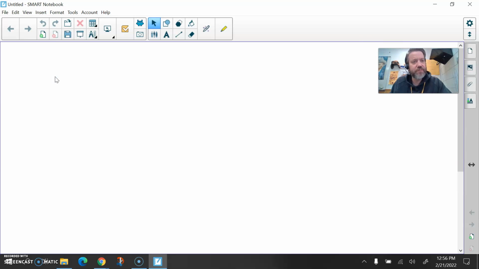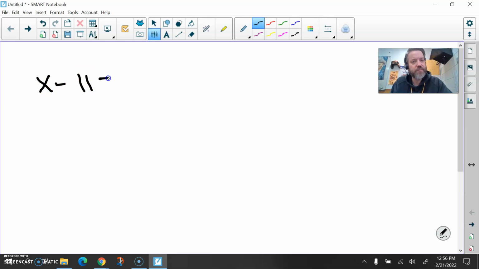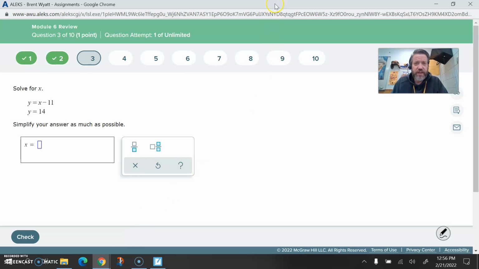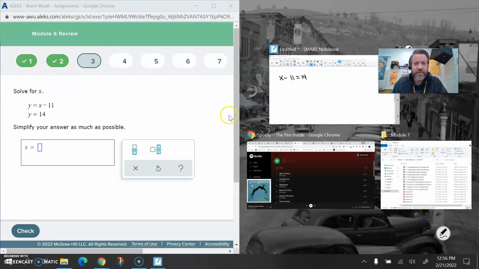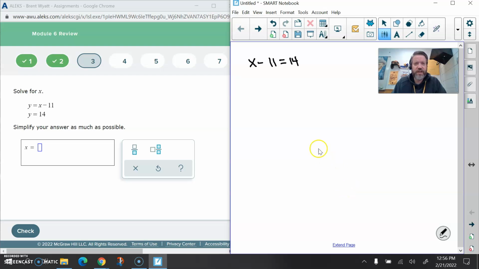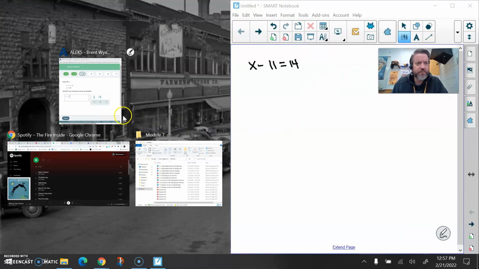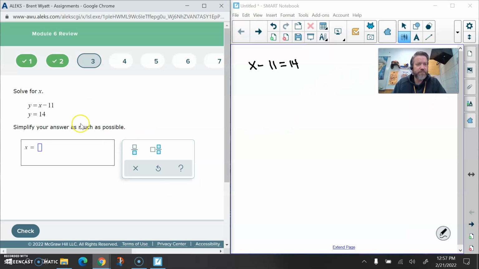I'm going to write down x minus 11 equals 14. Okay, and let's look back at the original problem here. Let's see if I can snap these so they're both showing on the screen. There we go. And since x minus 11 equals 14, I've got to open that back up again.